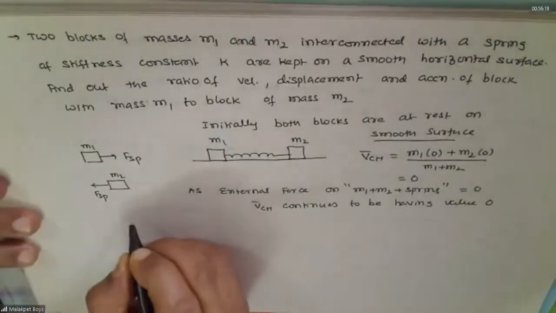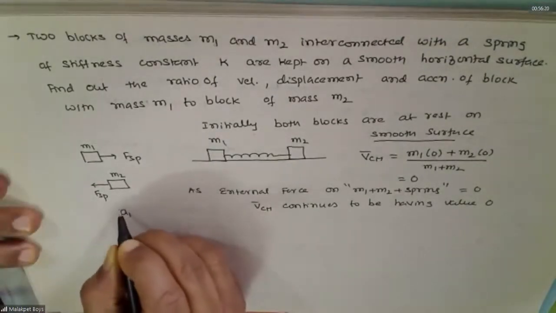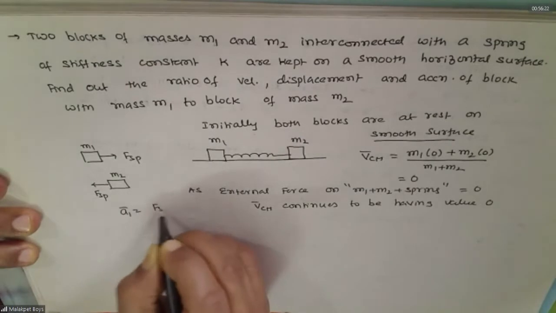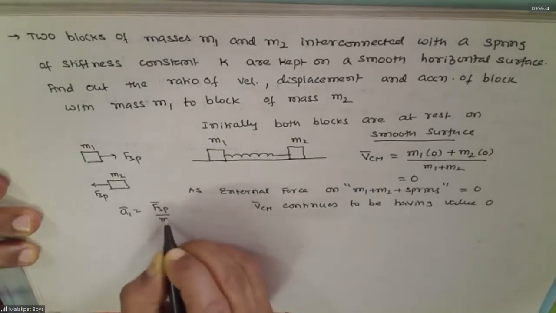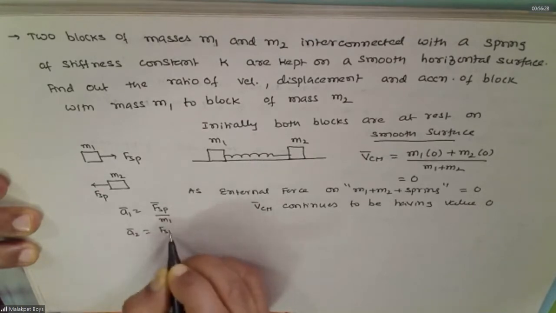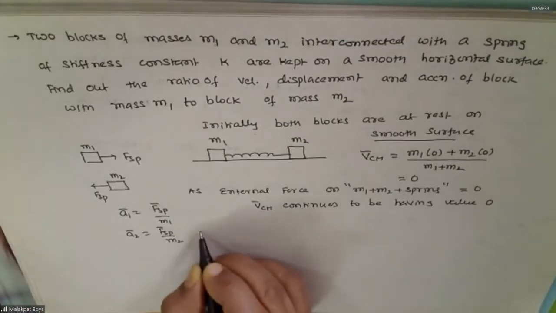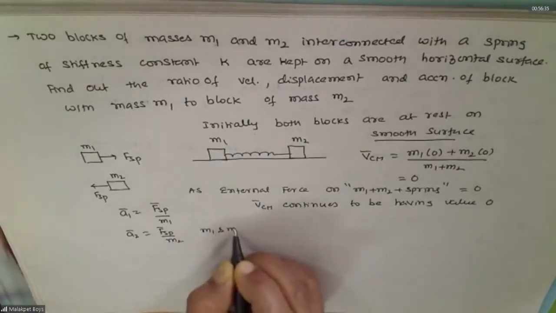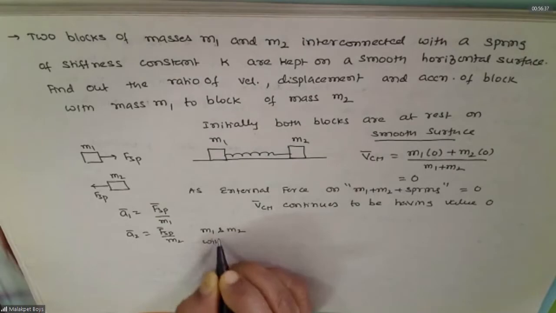You can see that acceleration is there for the first one, spring force by M1. And A2 is nothing but spring force in the opposite direction by M2.